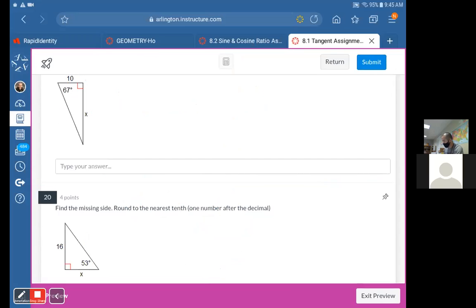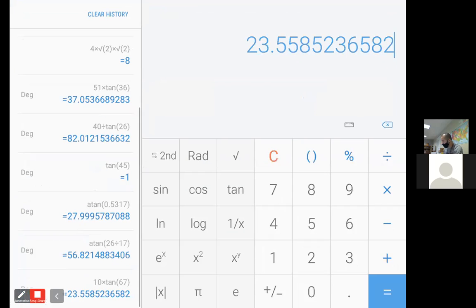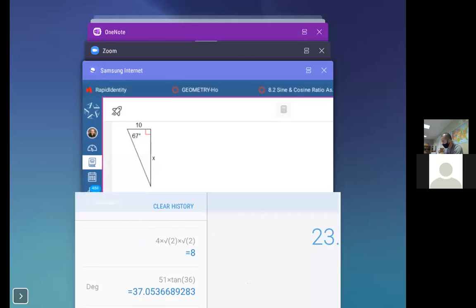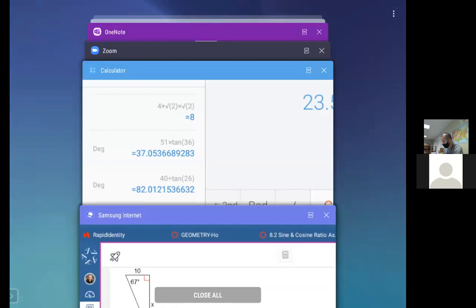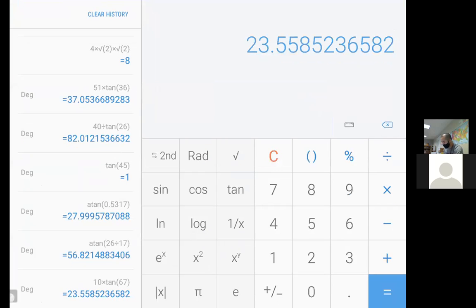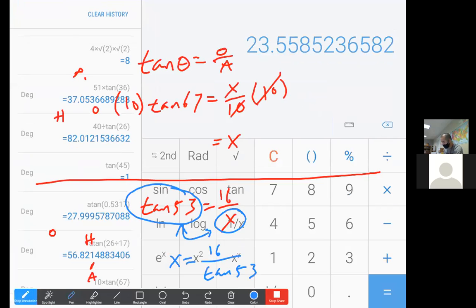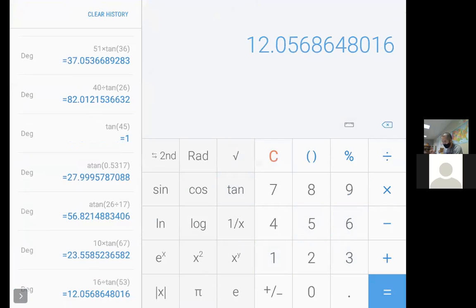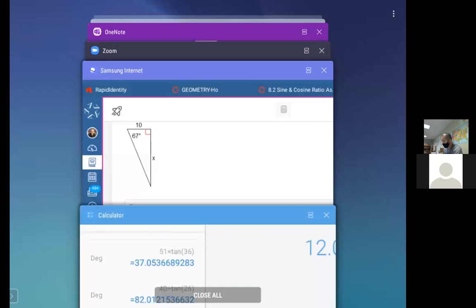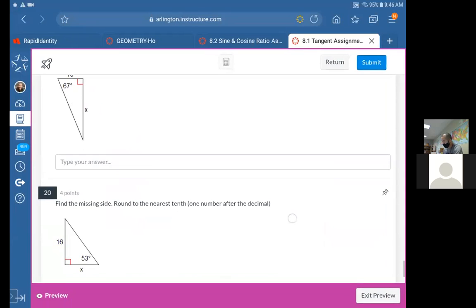If you want to see how it works, watch my other video. So what was it? Oh, you know what? I just do this. Where's my annotations? 16 over tangent 53. So that one is 12.06. Okay, so that's how this one works.